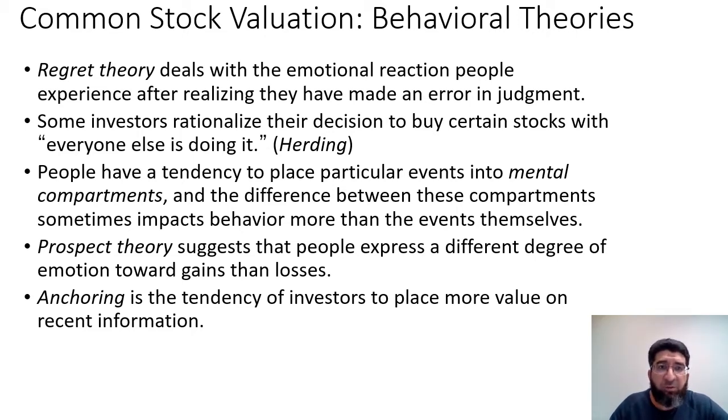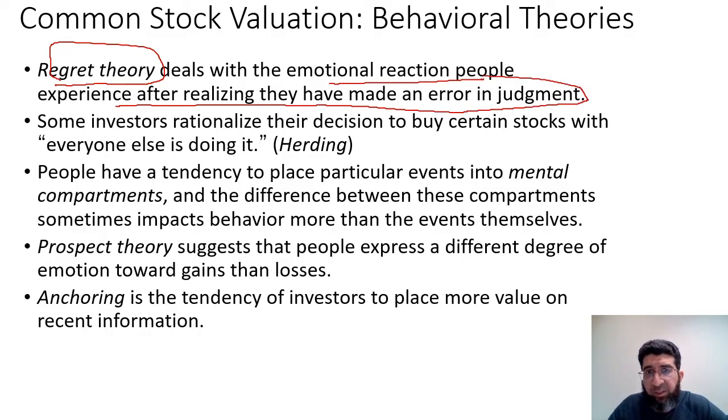For instance, regret theory deals with the emotional reaction people experience after realizing they have made an error in judgment. So if I buy a stock and the stock gains in price, as per this theory I would assume that I had an error in judgment, and that I should have held the stock a little longer in order to benefit from this.